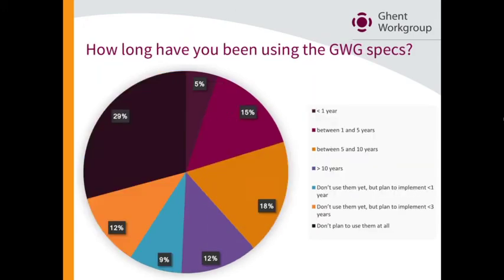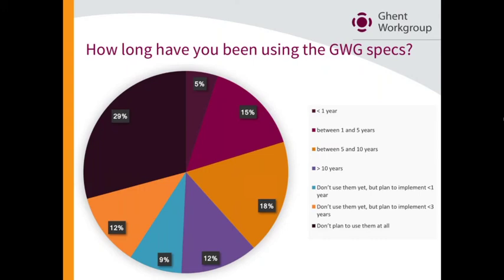So cutting to the really important thing: how long have you been using the Ghent Workgroup specifications? And this again is a really good result. We have lots of people who say that they have been using the specifications for 5 to 10 years, between 1 and 5 years, even a lot of people who say more than 10 years, which is very nice.